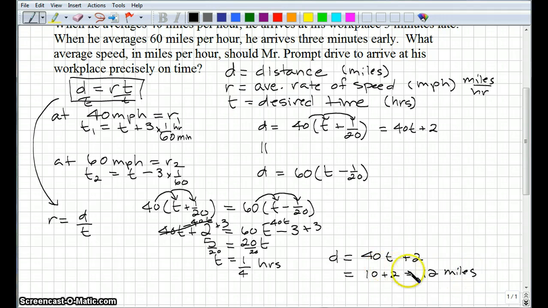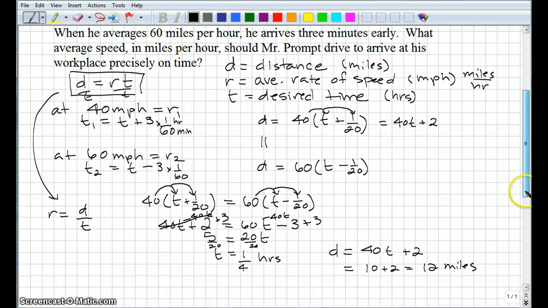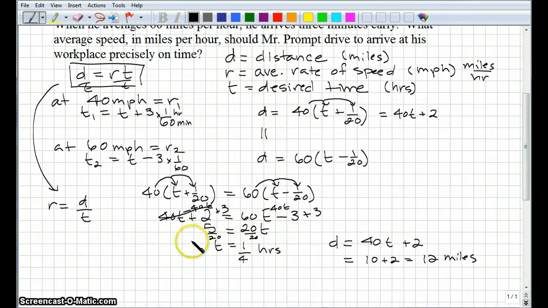Now I have the distance, I have the time, so let's finish this up. We want to find the rate that will get him there in 15 minutes.